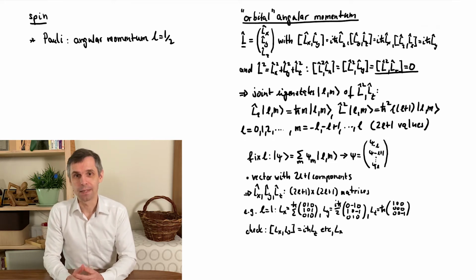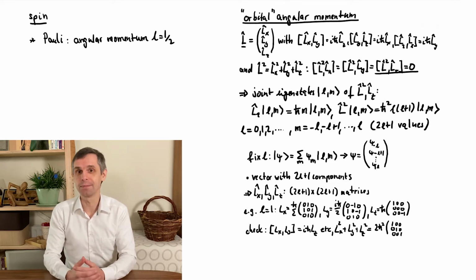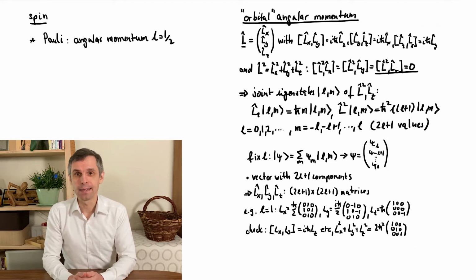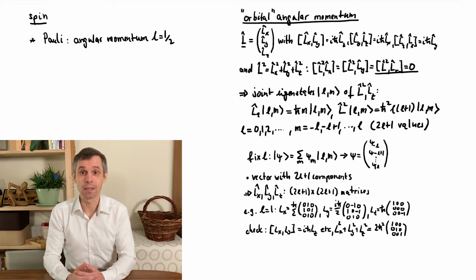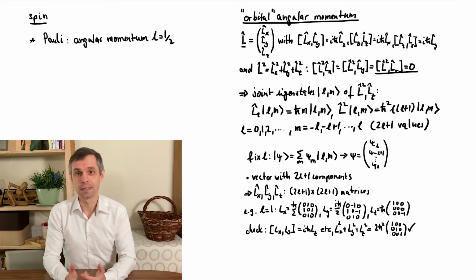The sum of their squares, what should be the total angular momentum, is proportional to the identity matrix, which indeed commutes with any other matrix. So this really serves as a number, and the value in front, 2ħ², is really just L(L+1)ħ² for L equals 1. For other values of L, you get similarly explicit expressions for matrices of different dimensions.